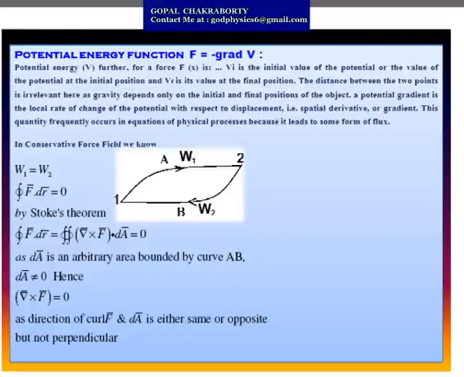Now the first topic is the potential energy function F, and I will show you how the value of F equals minus grad V. For the potential energy capital V for a force F, consider Vi as the value of the potential at the initial position, and Vf as the value at the final position.